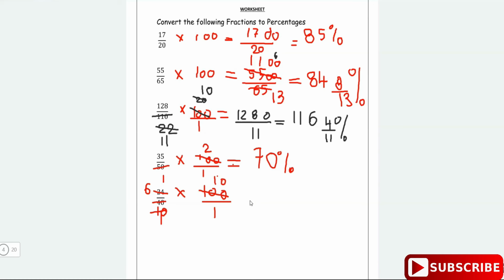Then 6 times 10 is 60. So that's 60%. Because we know when we multiply across the denominator, 1% times 1 is just 1. So it's 60 over 1, which is 60%. So that's how we convert fractions to percentages.